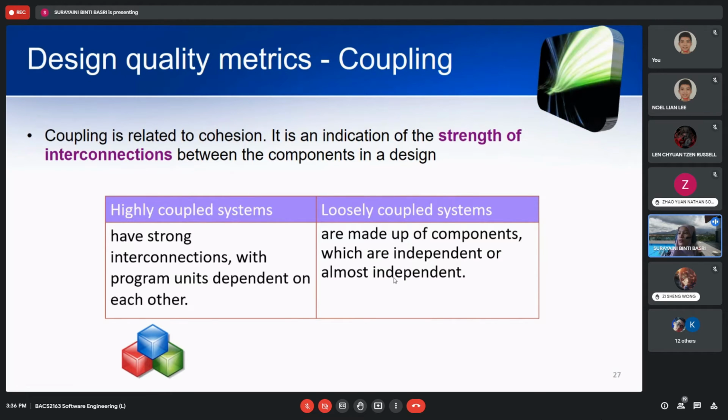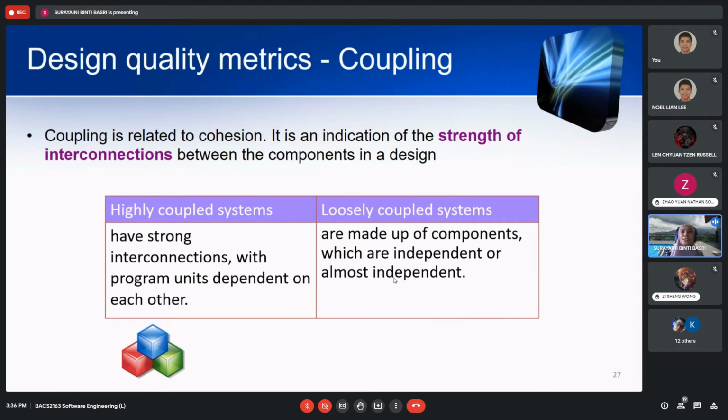For the highly coupled system, it has a strong interconnection among each of the modules, with program units dependent on each other. And for the loosely coupled system, each of the components are independent of each other or almost independent.